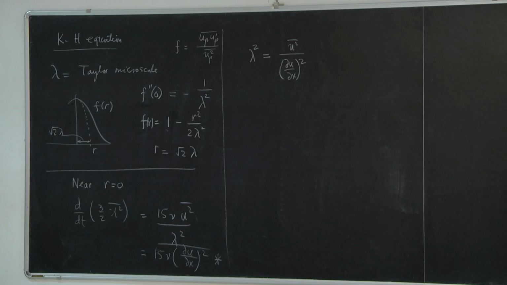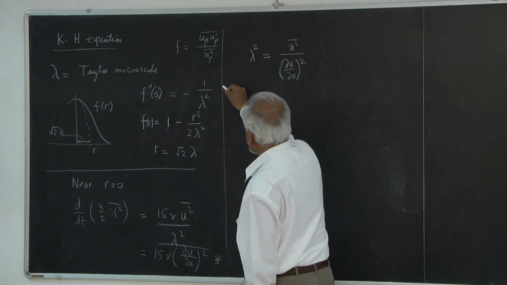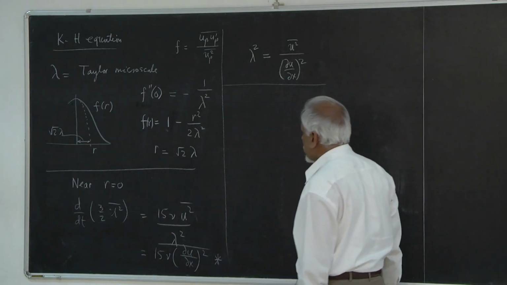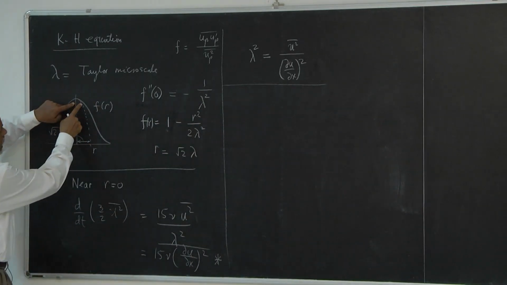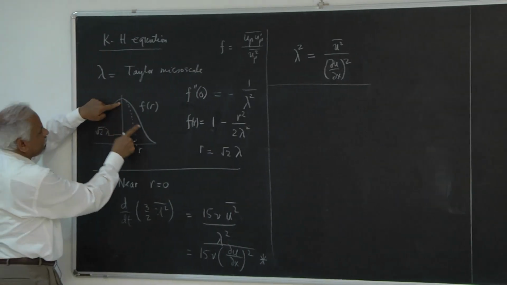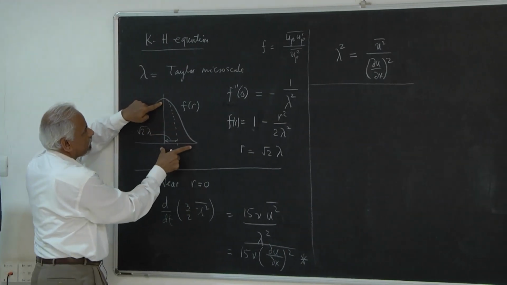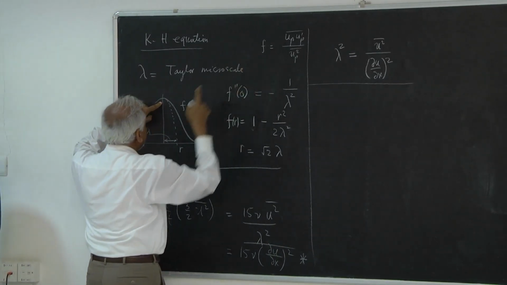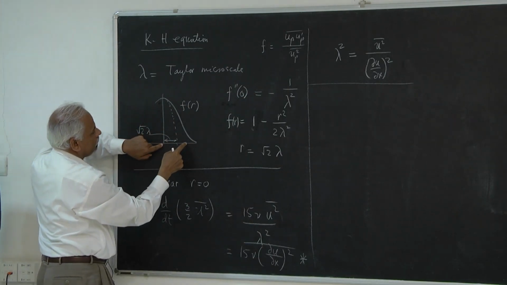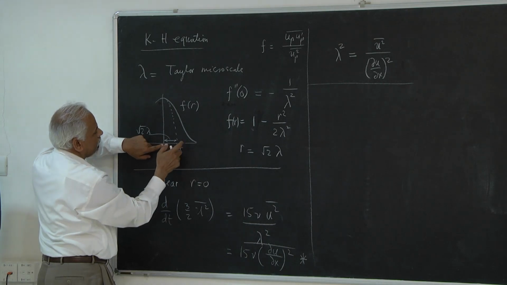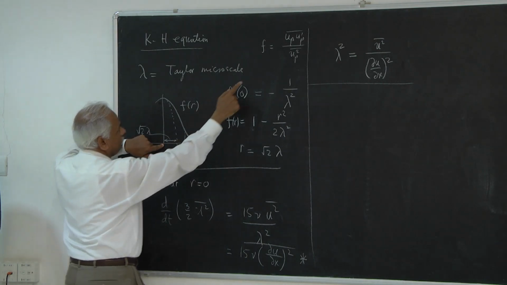But this is not the only length scale with which we are concerned most of the time. For example, f of r here goes down like that. Remember what that is. If the velocity here and the velocity here are correlated, you will have a finite value of f, right?